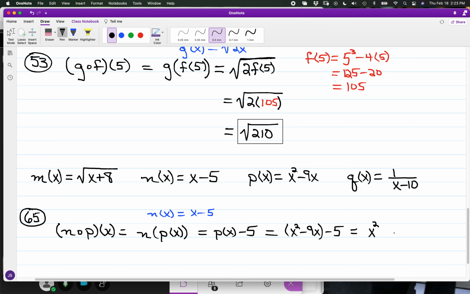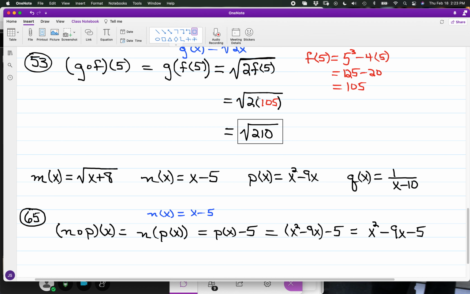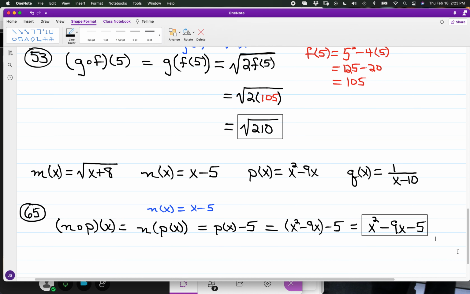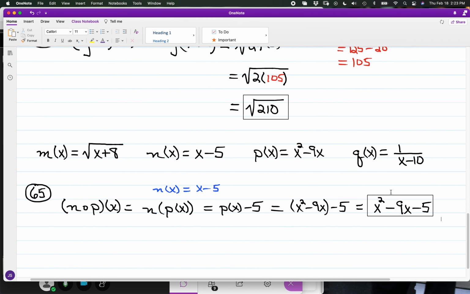And so for the end result, it comes out to x squared minus 9x minus 5. Okay, so this is going to be the composition here.